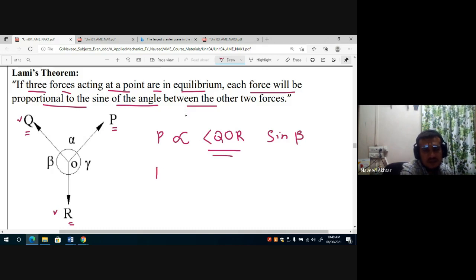So P by sin beta is equal to some constant. ओके, तो इसको हम लोग लामीस थ्योरम बोलते हैं.